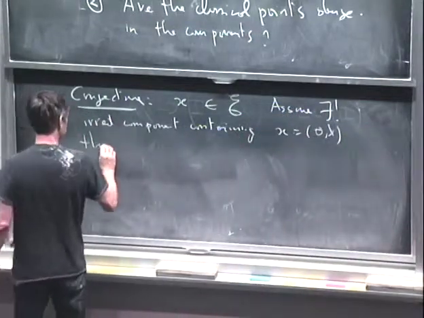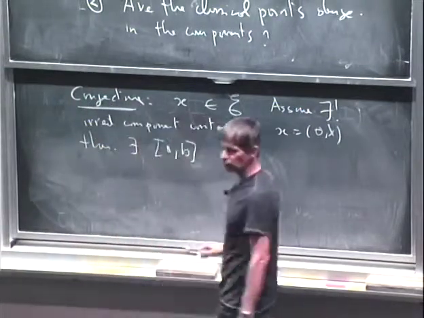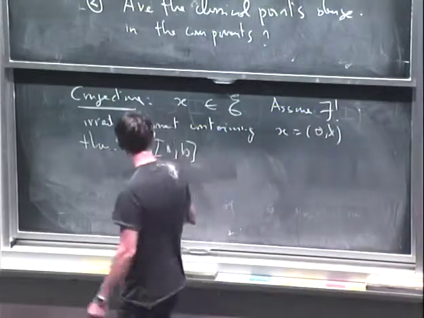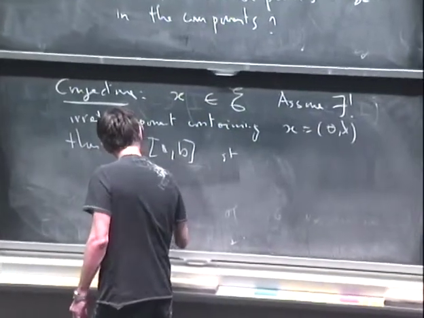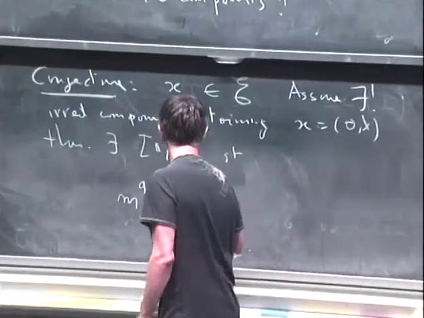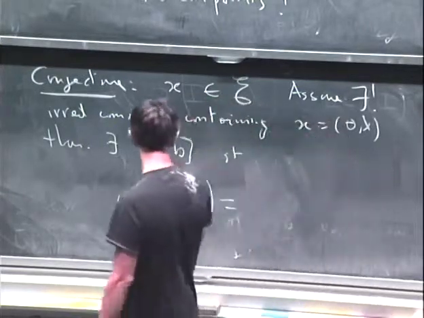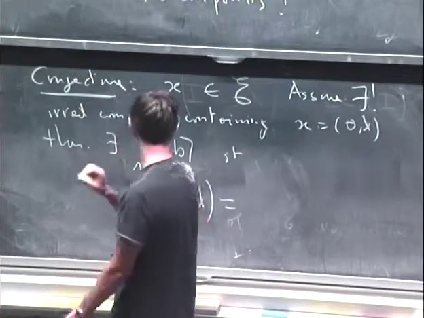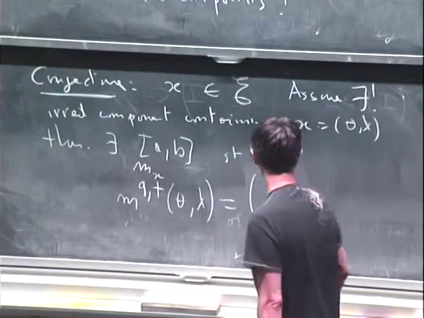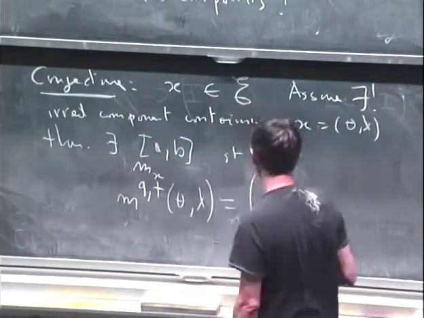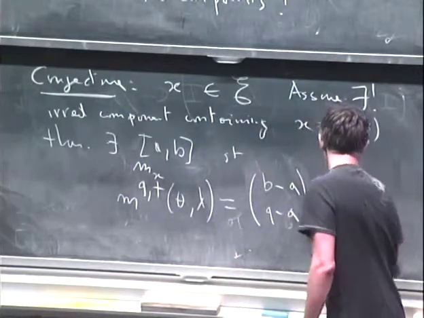Then there exists an interval [A,B] of integers and some integer m_x, depending on x, so that the multiplicity M_q dagger theta lambda is equal to the binomial coefficient (B minus A choose q minus A) times m_x.